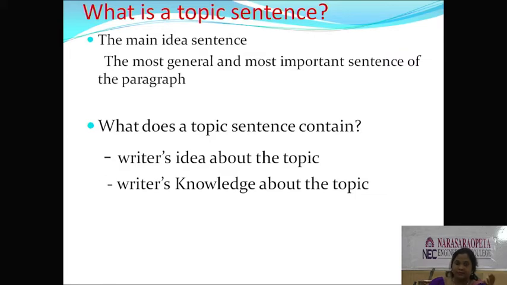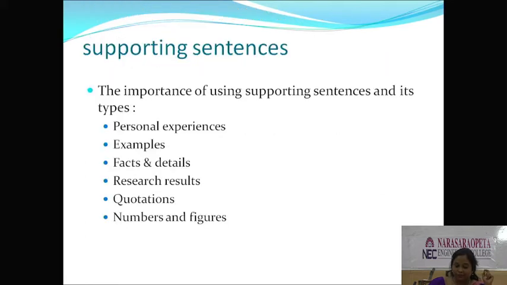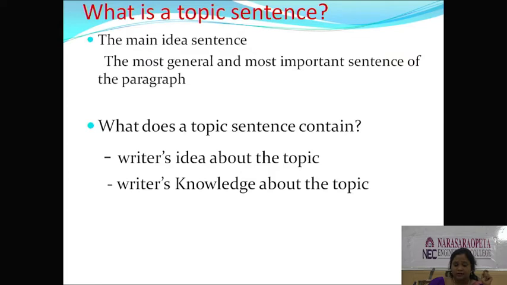So when you write about a person, a role model, what ideas you are going to put in this topic is very, very important. Not only the idea, the next thing is the writer's knowledge about the topic. Writer's knowledge about the topic means how much knowledge you have about that person. For example, you are writing on a favorite subject or about a role model.